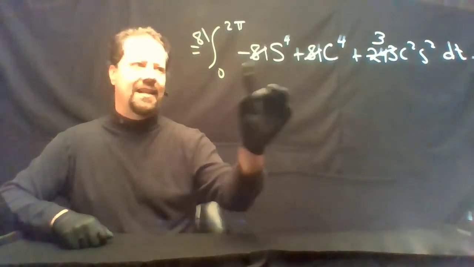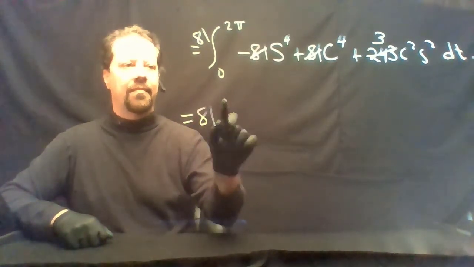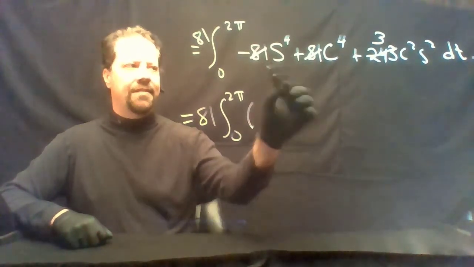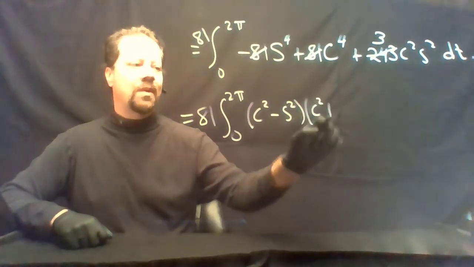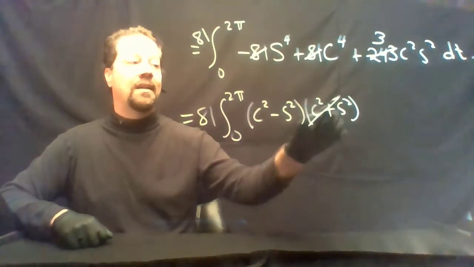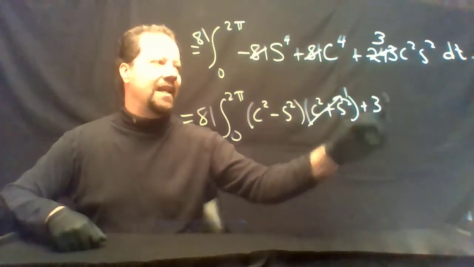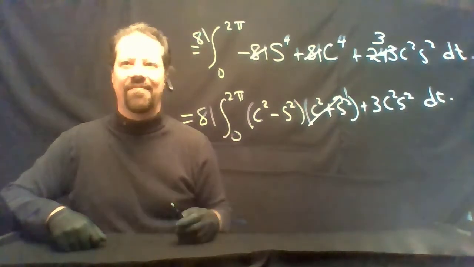Now, how do we deal with the negative sine to the fourth plus cosine to the fourth? We can think of that as a difference of squares. Cosine squared minus sine squared times cosine squared plus sine squared. And that's 1. Plus 3 times cosine squared sine squared, all times dt.